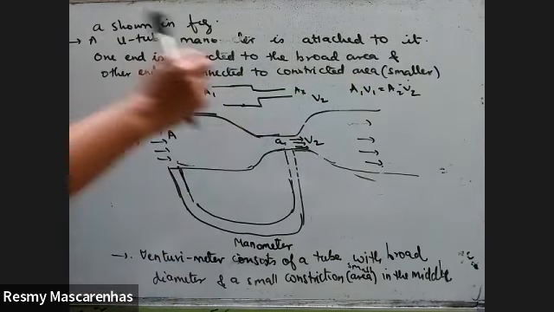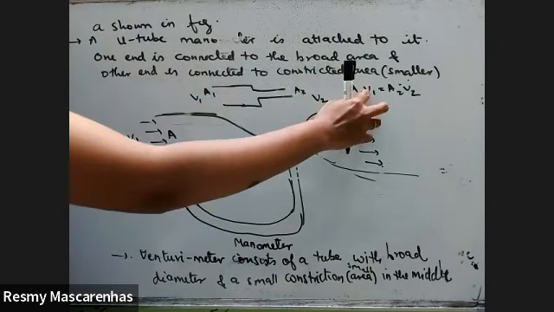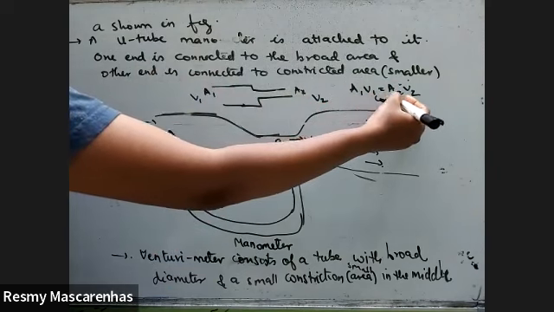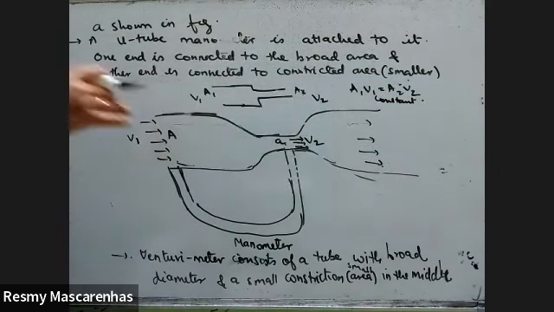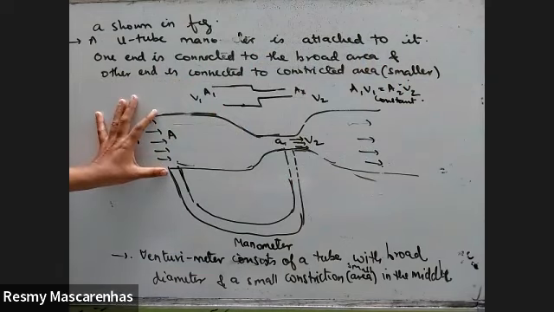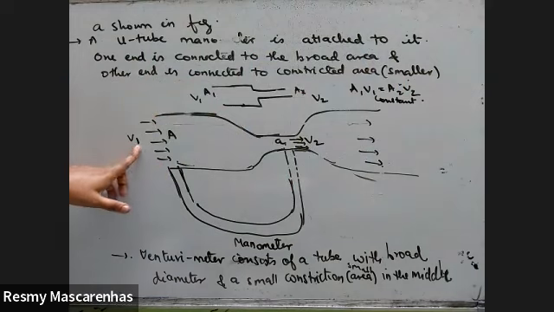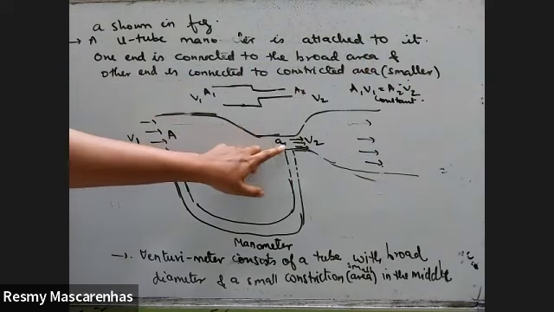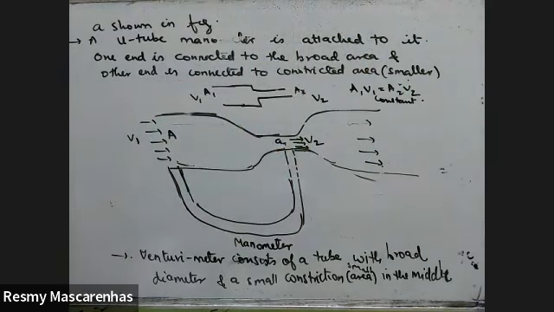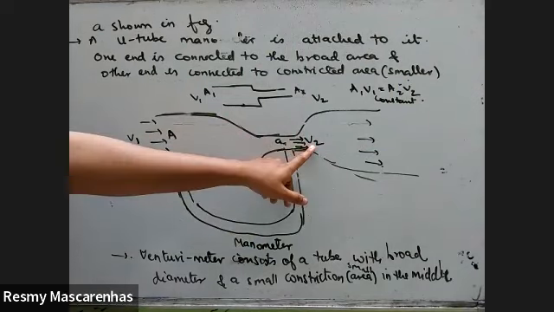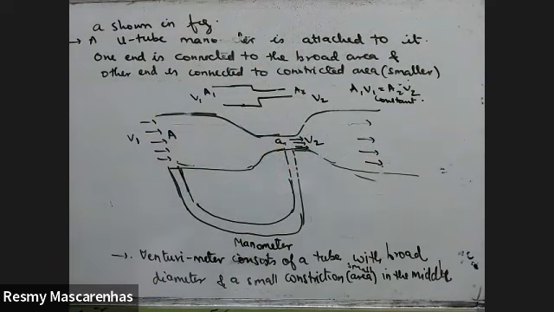So that this product, area into velocity, always remains constant. Applying the same equation of continuity logic here, even though the area is big, velocity will definitely be smaller. If the area is small, velocity will be more. So whatever it may be, this into this will always be equal to this into this.